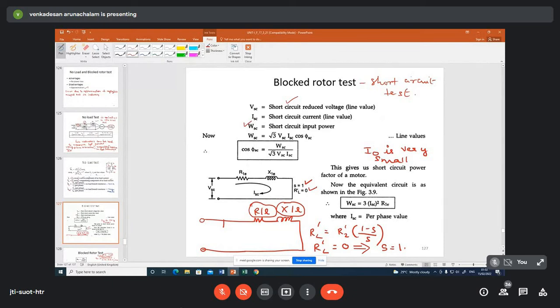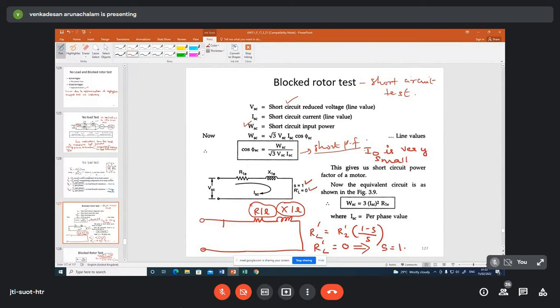The procedure is, from the power formula, WSC is equal to root 3 VSC ISC cos phi SC. So cos phi SC is WSC divided by root 3 VSC ISC. This is the short circuit power factor.